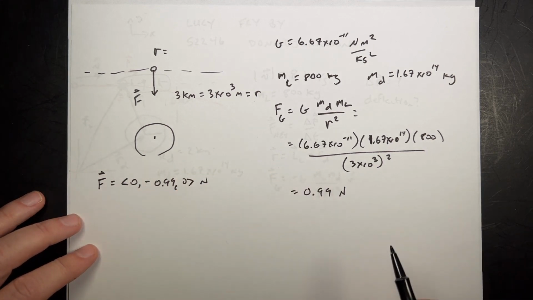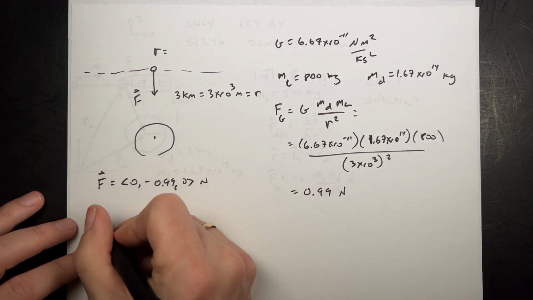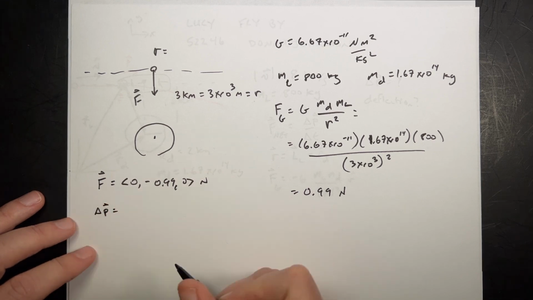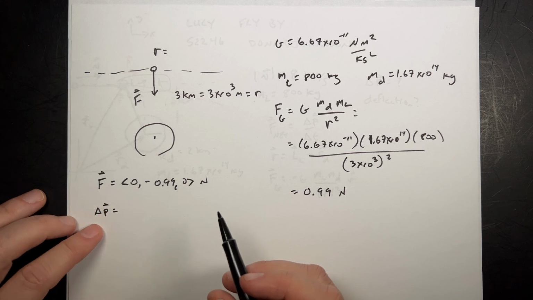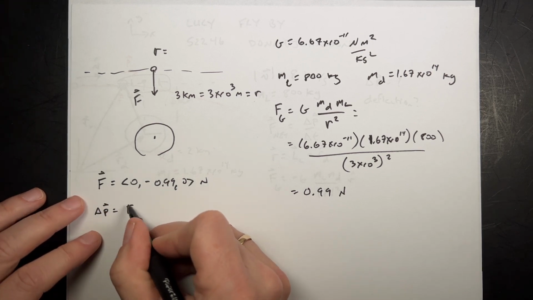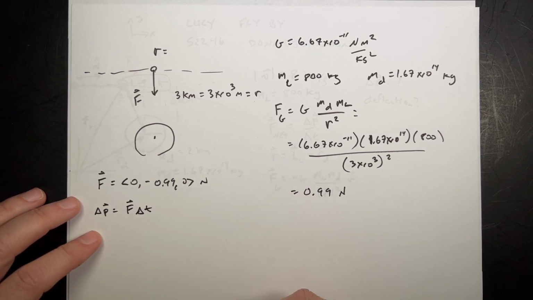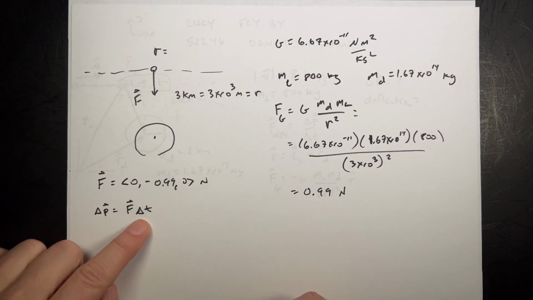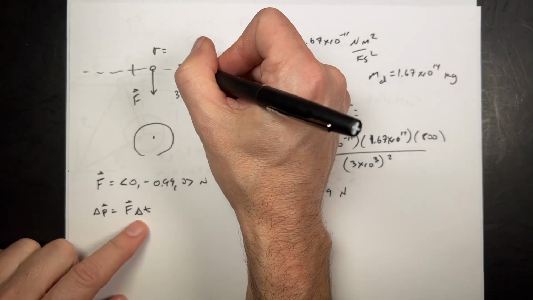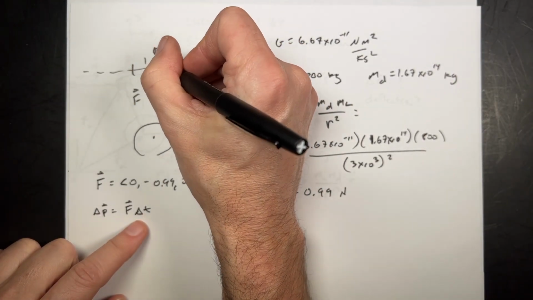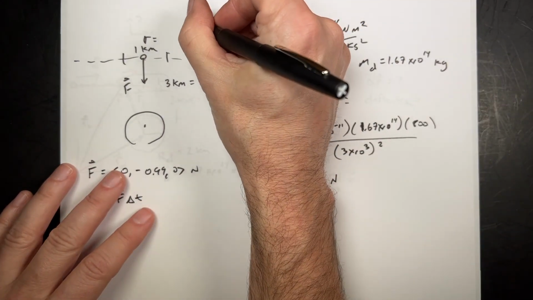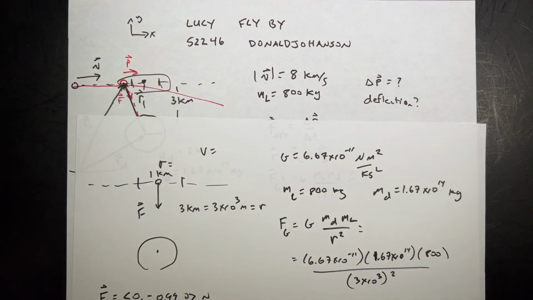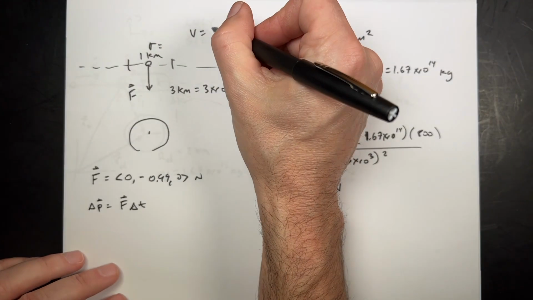Now, in order to use the momentum principle to find the change in momentum, delta p, I need delta t, right? This is going to be F times delta t. So I need delta t. Let's say that this distance is 1 kilometer over which I care about. And I already said the magnitude of the velocity was 8 kilometers per second.